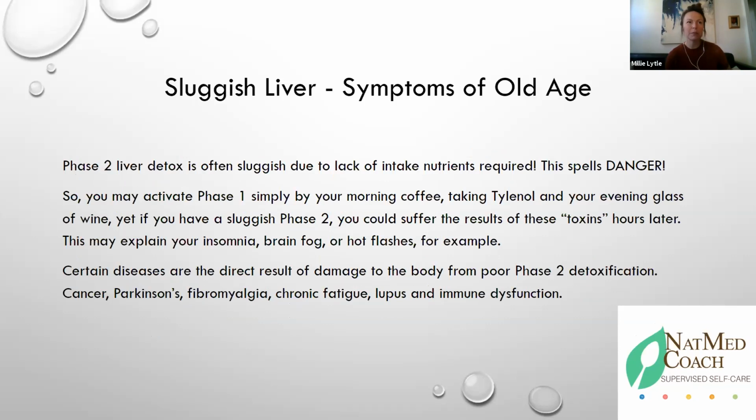Sluggish liver, what does this mean? There's this whole history in medicine that questions the holistic medicine side, that we need to detox, that there is even such a thing as detox. And in medical texts, I've noticed that they've started changing the language so that they're calling it metabolism as opposed to detoxification. That's kind of because they want to point to the holistic side and say, oh, you guys are a bunch of quacks.